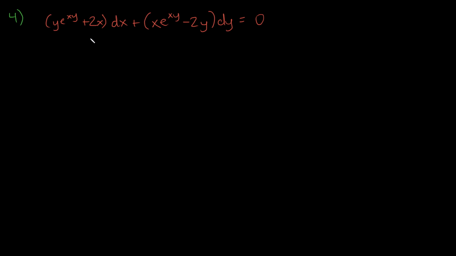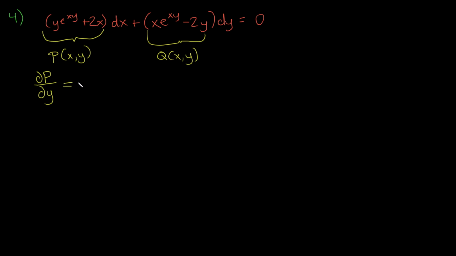But let's do this correctly and say, all right, this here is what we've been calling P(x,y). This here is what we've been calling Q(x,y). Let's go ahead and take the partial derivative of P with respect to y. We have a function of y times another function, so we're going to use the product rule.